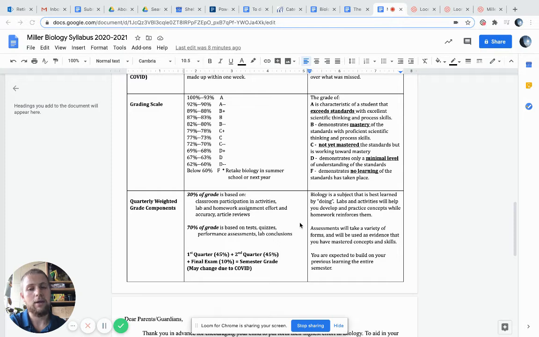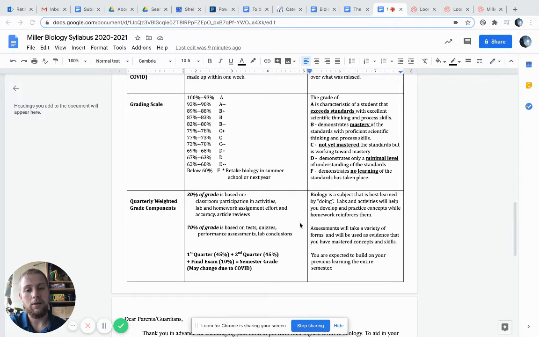However, don't think that this can't make a difference, because if you do super well on tests and quizzes, but you choose not to do any of your activities or homework, the best you can do in this class is to get a 70%, which is a C-. So make sure to also do those daily assignments, which will lead you to do better in the bigger assessments.